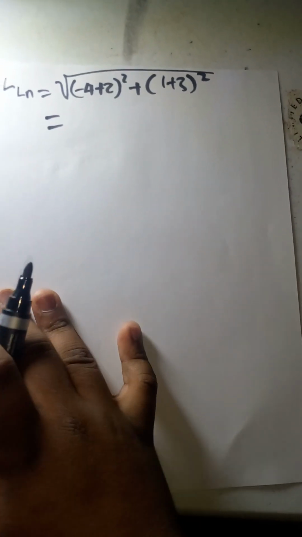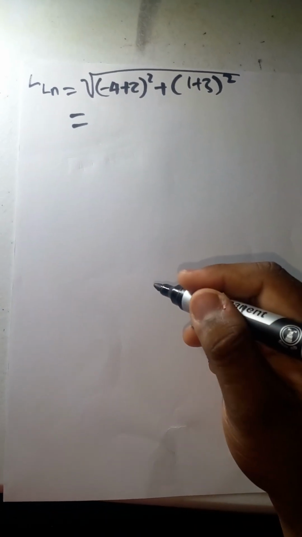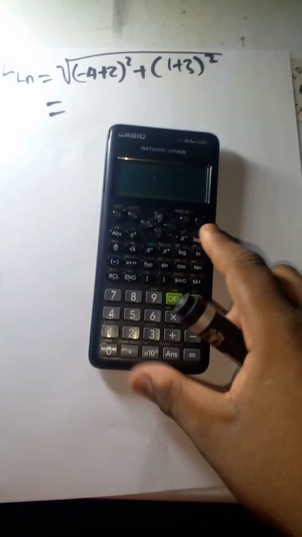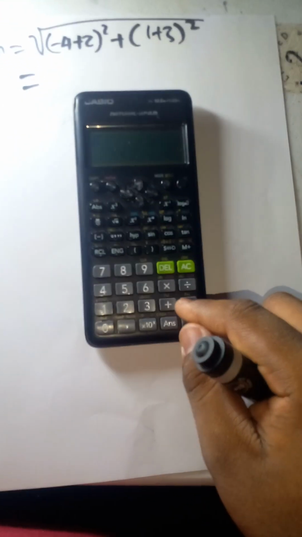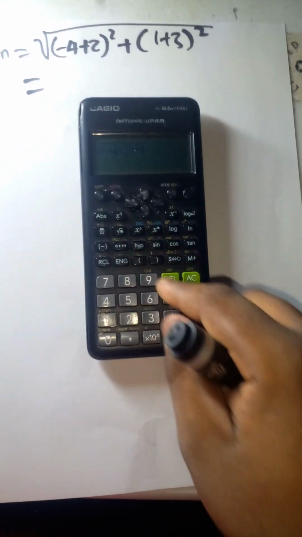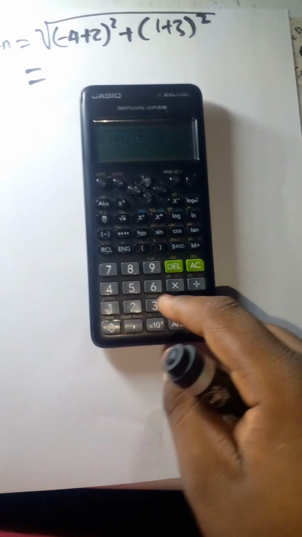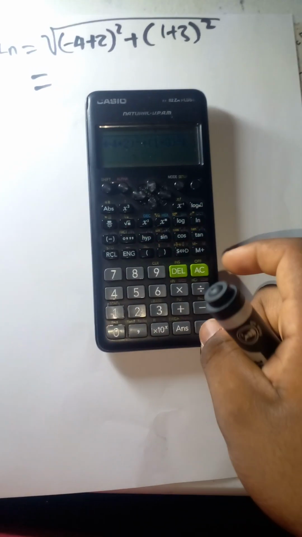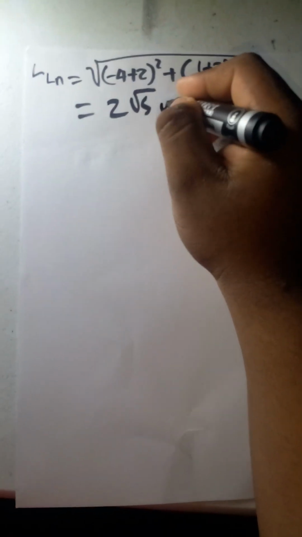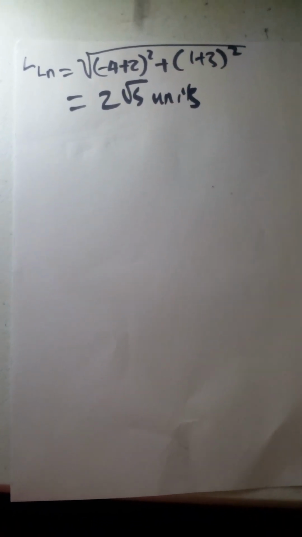Negative 4 plus 2 squared, okay. So let's calculate the length of LN. Minus 4 plus 2 squared plus 1 plus 3 squared. So I have 2 root 5. So the length of LN, it is what? 2 root 5 units.